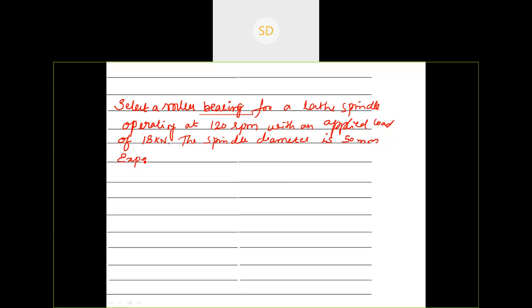Next, we calculate the equivalent load. So what is the relation for equivalent load? It's P equal to X V FR plus Y into FA into CS. Now in this case, they have not specified the axial load.